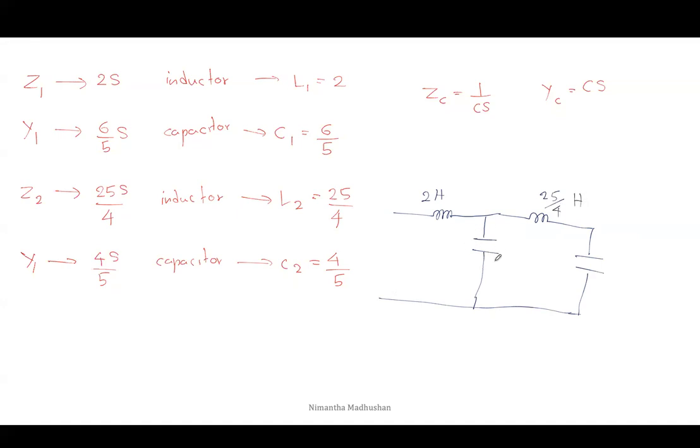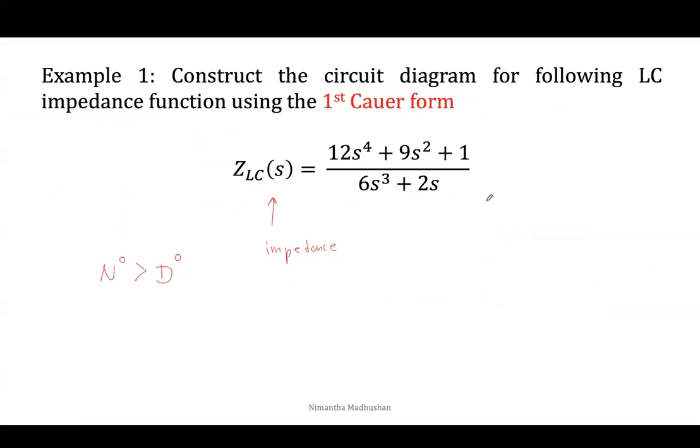This capacitor is 6 over 5 farad, and this capacitor is 4 over 5 farad. This is inductor 1, inductor 2, capacitor 1, capacitor 2. This is the final circuit that we can obtain from this impedance function.